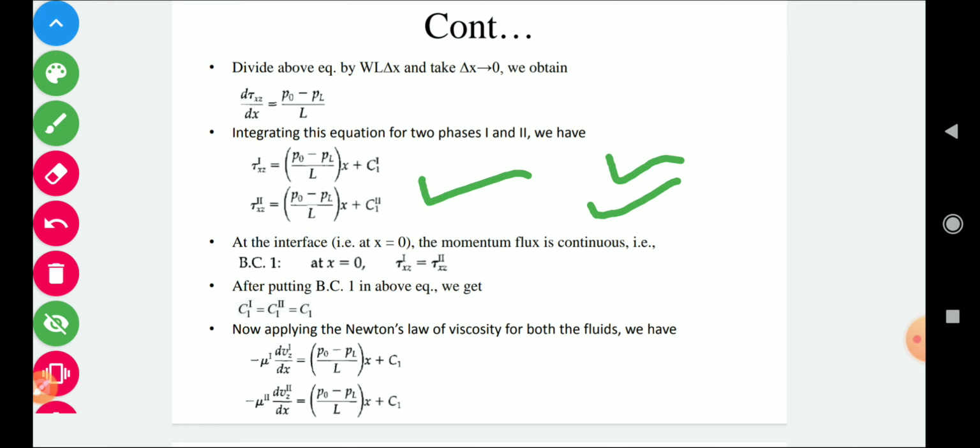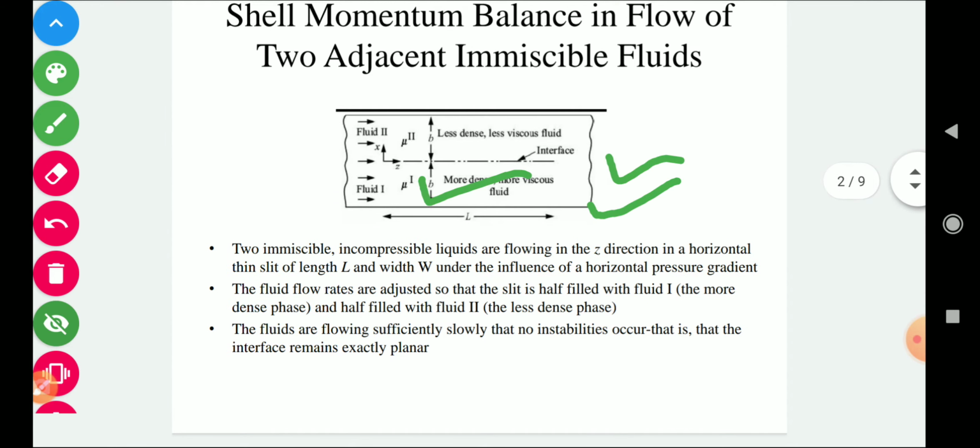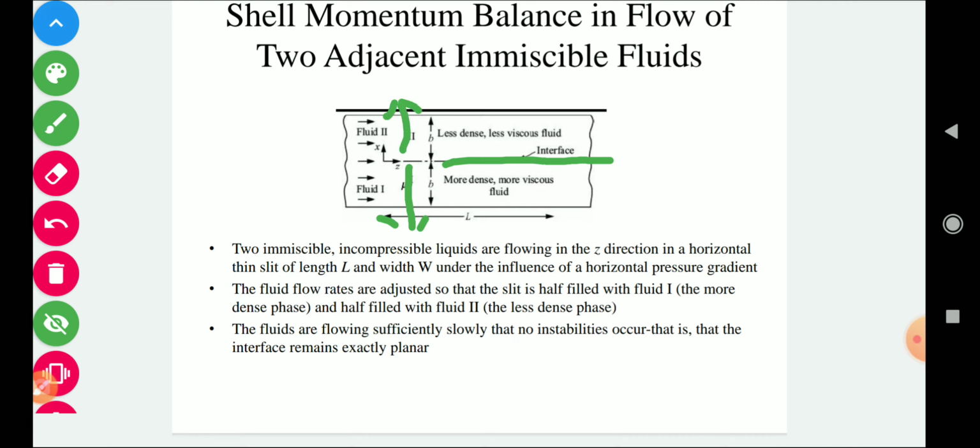So at the interface, at x equal to 0, if you look at this diagram, this interface is at position x equal to 0. Here we have negative values of x and this side has positive values of x. So here x equal to b, here x equal to minus b, and here x equal to 0. So the boundary condition is at x equal to 0.